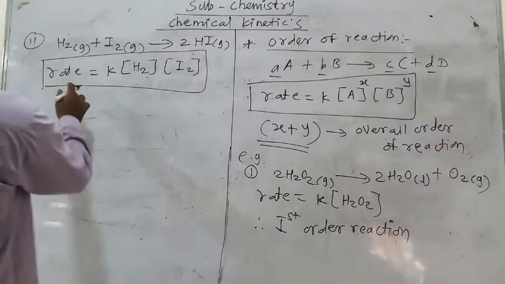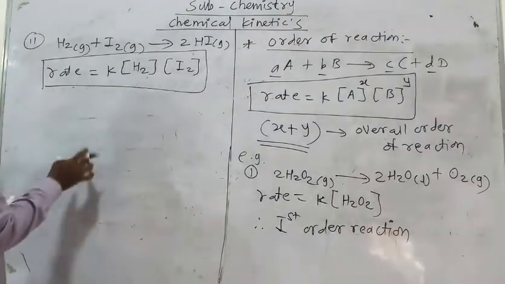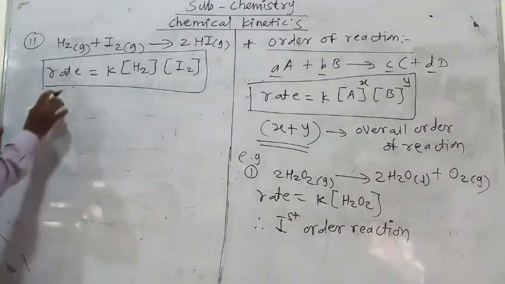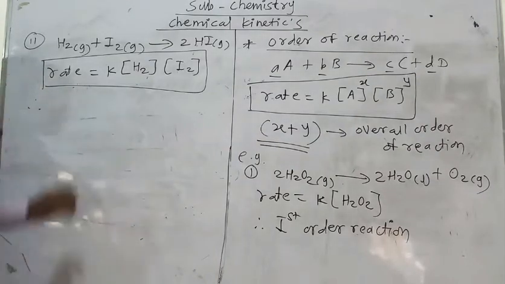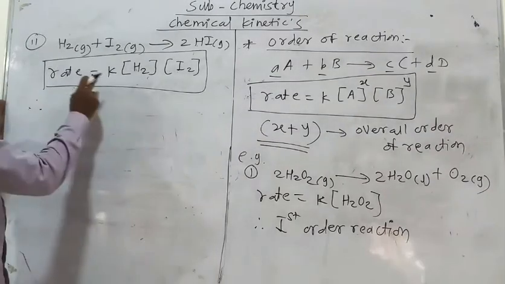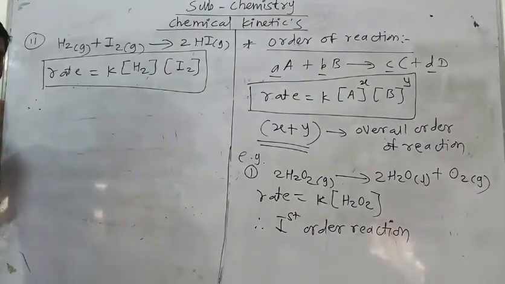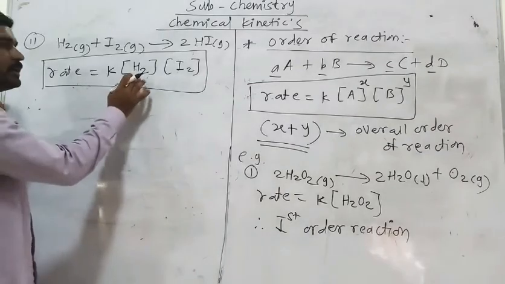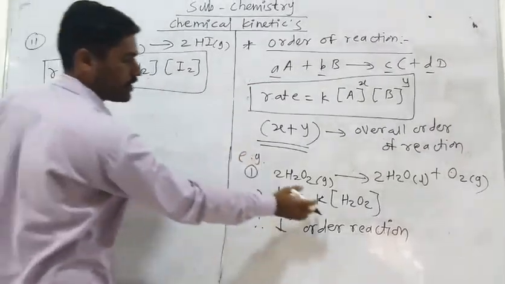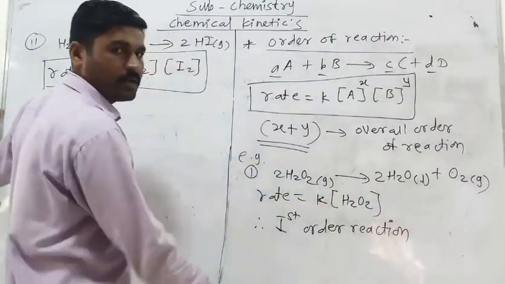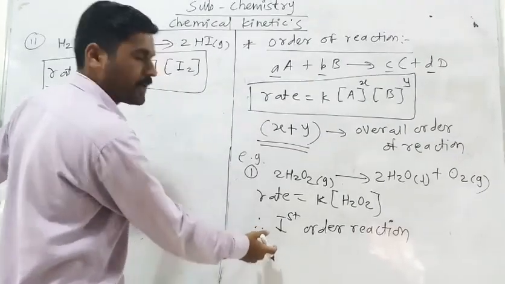It means that the rate law expression shows the overall order of reaction. In the given reaction, two reagents are considered on which the rate of the given reaction depends. If the rate of reaction depends only on one reactant, then it is a first order reaction.